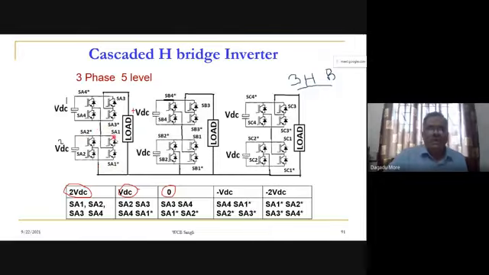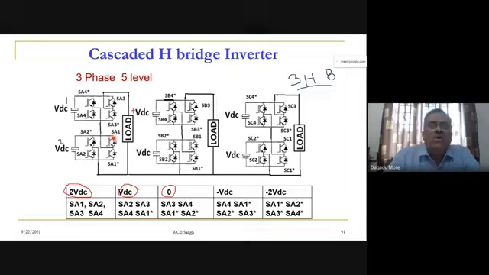For the lower bridge, we name the switches SA1 and SA2. In the cascaded H bridge, we have the concept of complementary pairs, so SA1 and SA1 star are a complementary pair.